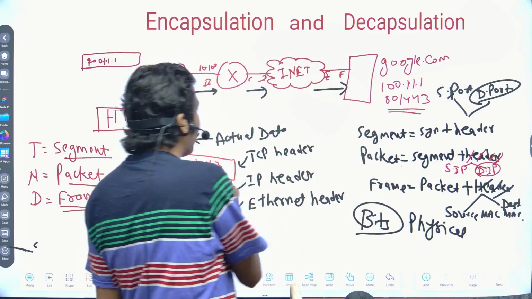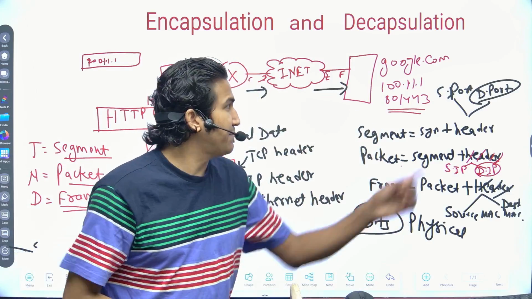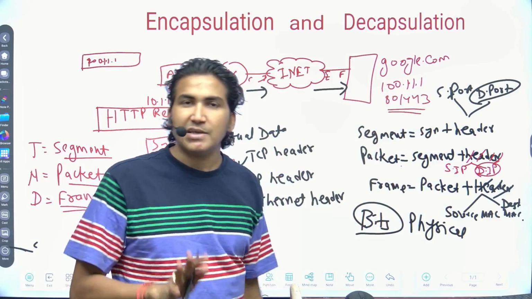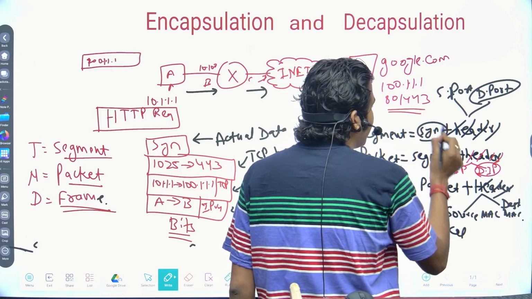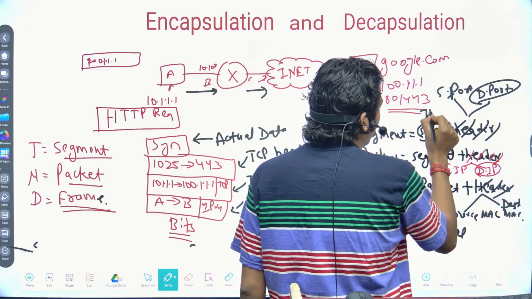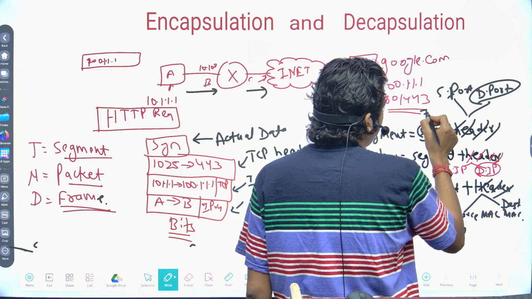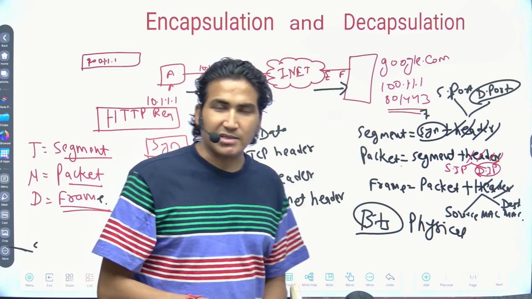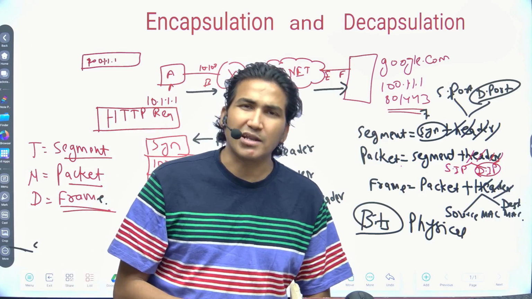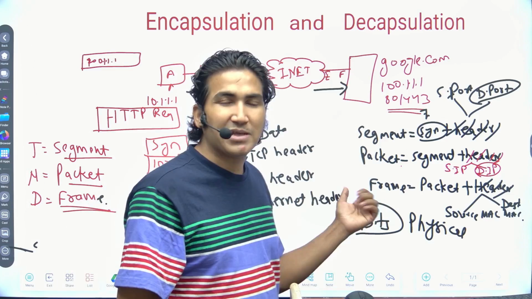Destination port is 80. Directly it will hand over the SYN message, the actual message, to the HTTP protocol. It will remove the header again, and hand over this SYN message to the HTTP protocol, right. And then the server will get to know about the connection, like someone is trying to establish a connection, right. It will send a SYN plus ACK message.